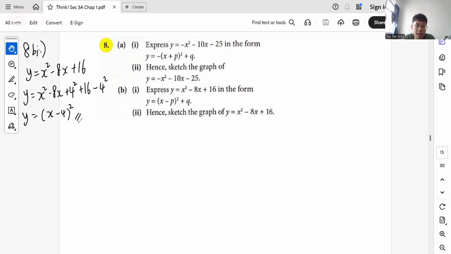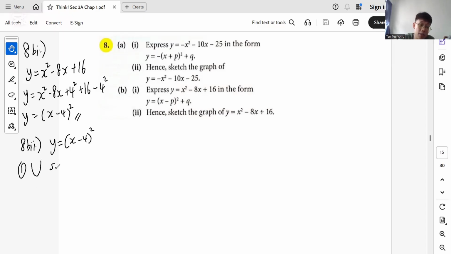So that is for 8b part 1. Now 8b part 2, sketch. I want to sketch this. Point number 1 is smiley face, because the coefficient of x squared is 1.